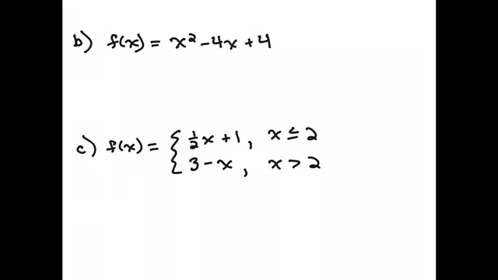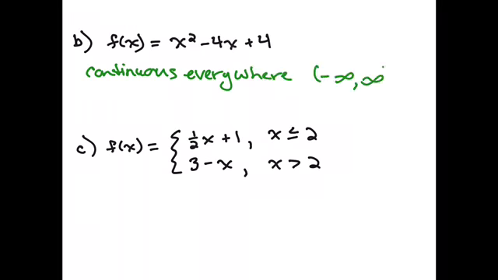No. It's continuous everywhere, which we're going to write using interval notation as negative infinity to infinity. Okay, there's no denominators, there's no square roots. That has a domain of the whole real number line. It's continuous everywhere.